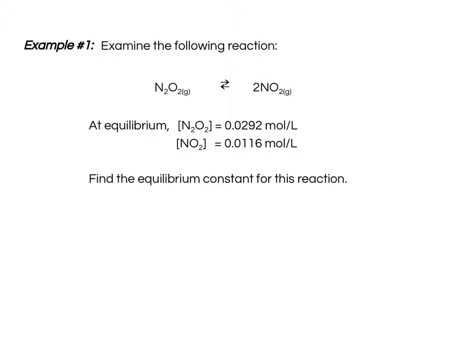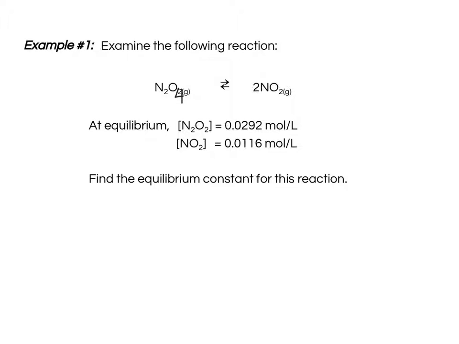So let's take a look at a first example. In this example, I have the reaction of, and I see a little typo here, which I'm going to fix right away. I can see that it says N2O2, and that really ought to be N2O4. So let's just fix that right away.